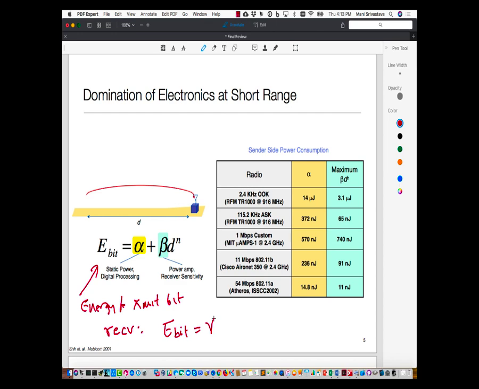Whereas for short range radios, the electronic term dominates. And then depending upon the type of radio, alpha versus gamma, in many cases, the gamma dominates. So receiving a bit may be much more expensive than transmitting a bit.